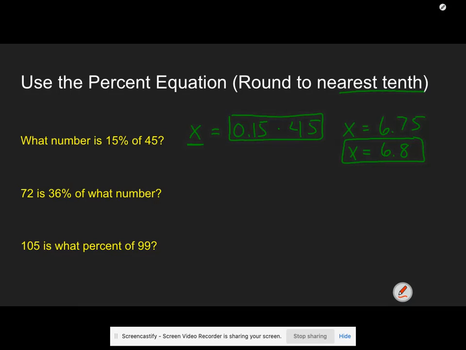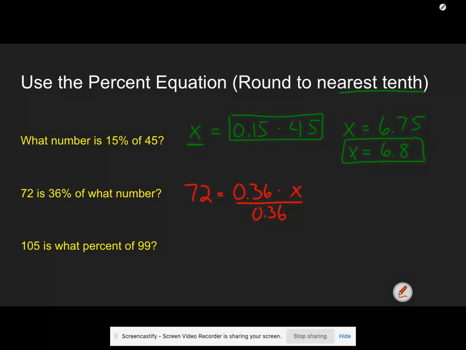72 is 36% of what number? So this is where we're going to find the whole. So I have 72 equals 0.36 times what number? Well, when we did the cross multiply and divide with our proportions, we undo multiplication by dividing.